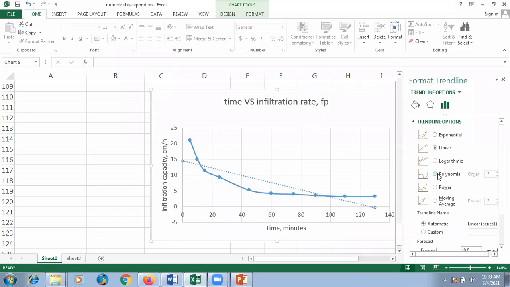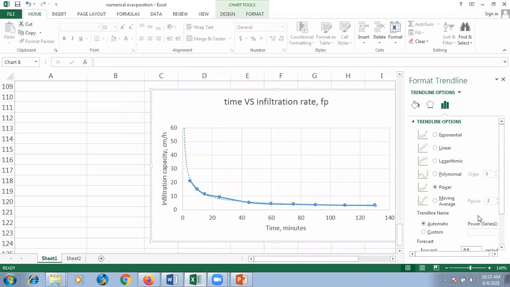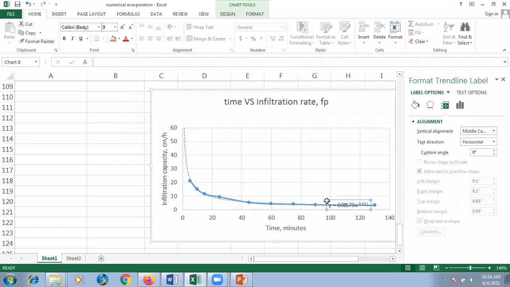And similarly, if you think of polynomial, 2nd degree, it will not match. 3rd degree, it matches approximately. Or suppose if you are thinking a power series, look here, it perfectly matches an exponential one. The Horton's equation, what we are talking, has got an exponential decay term just because it becomes a best fit for the purpose.